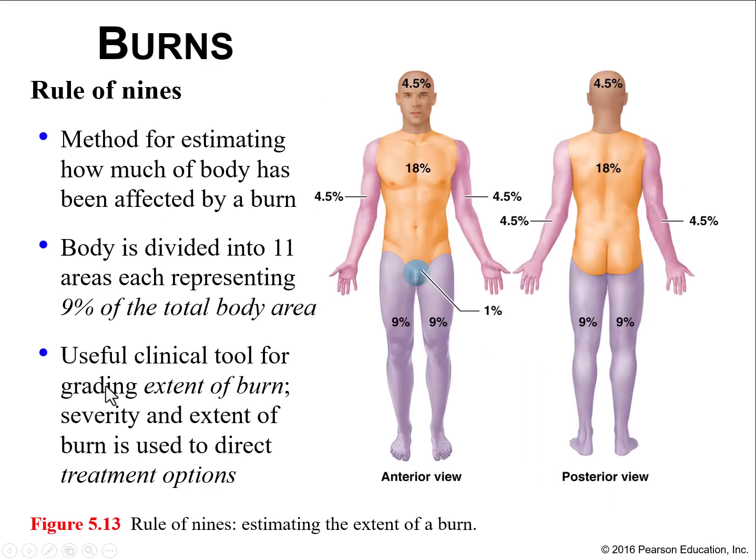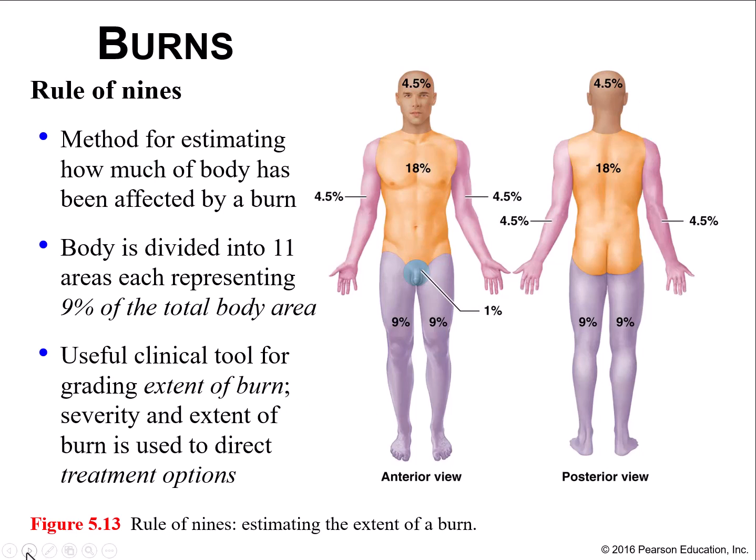The way burns are classified is the rule of nines. To quickly assess and assign a percentage of burn, the extent of burn: each front of leg is 9%, each back of leg is 9%, back body, front body. They quickly assign this percent of burn to a burn victim when bringing them for assessment.